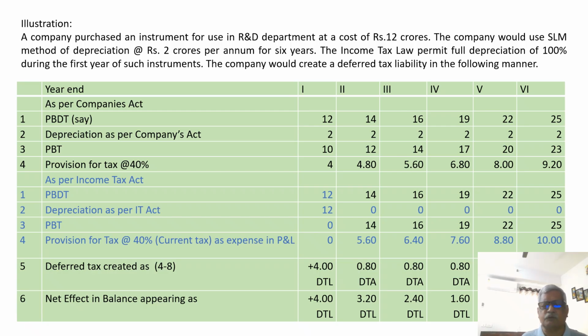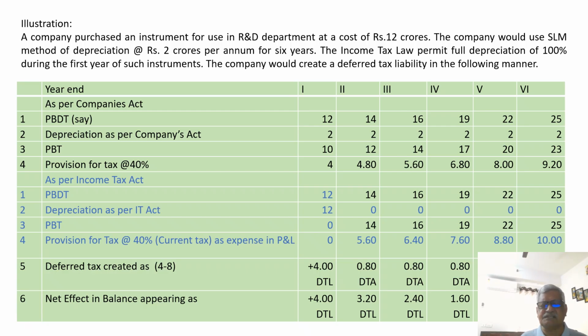Now the profit before tax works out to 10 crore, 12 crore, 14 crore, 17 crore, 20 crore and 23 crore. And provision for taxation works out to 4 crore, 4.8 crore, 5.6 crore, 6.8 crore, 8 crore and 9.2 crore. Now look at the Income Tax Act.